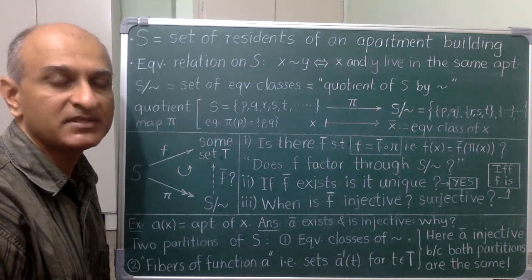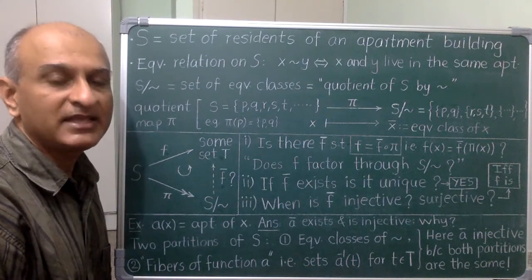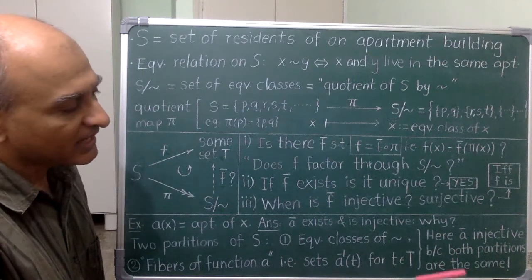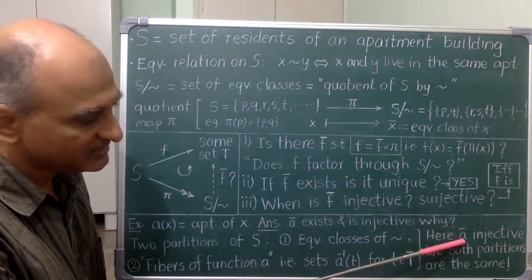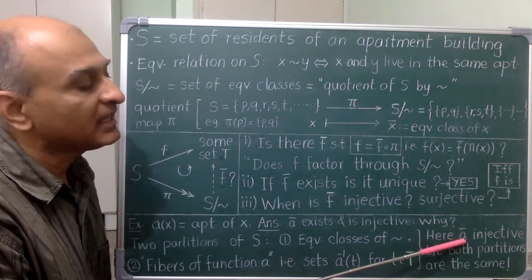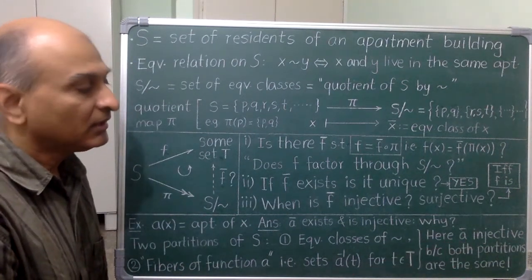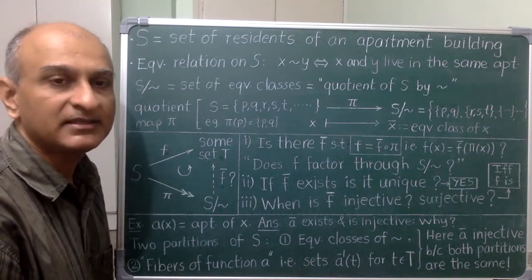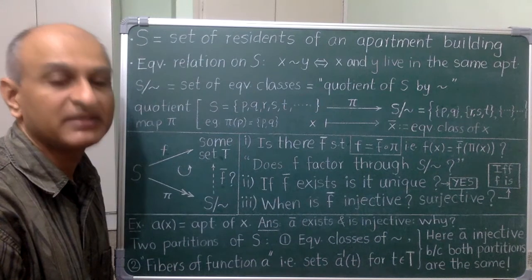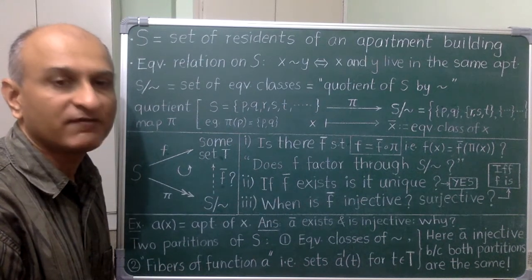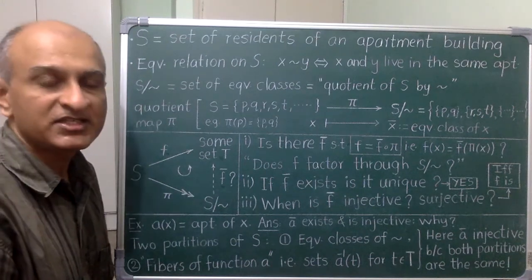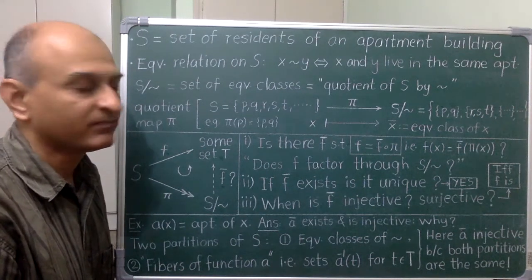Notice that the fibers are mutually disjoint and they exhaust the set S. Next, observe that the function A bar exists and is injective precisely because in this situation the two partitions are exactly the same. This is a matter of just unwinding the words, but it is important that one should be comfortable with the language.